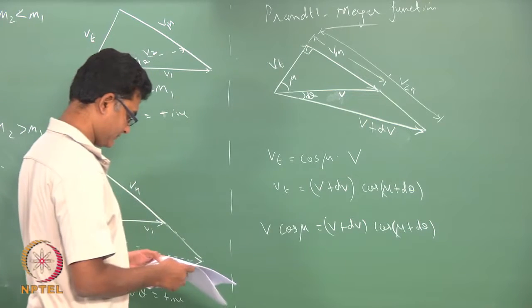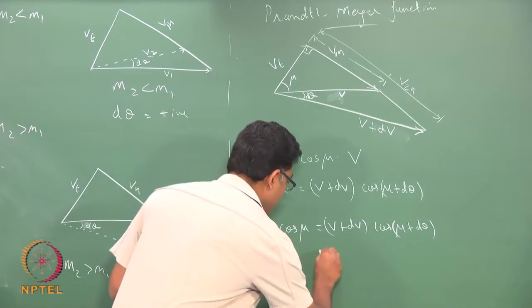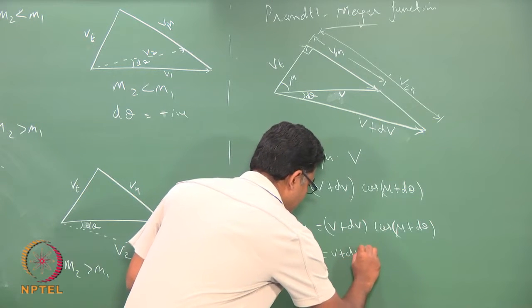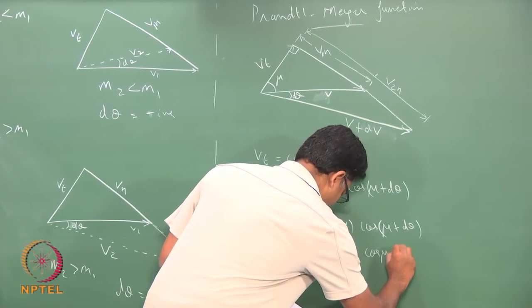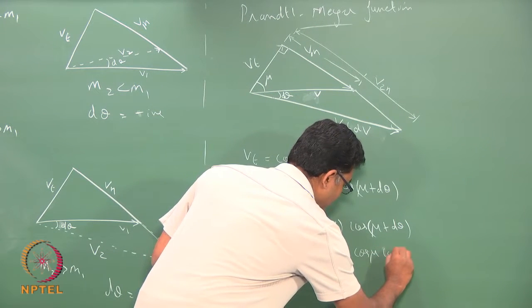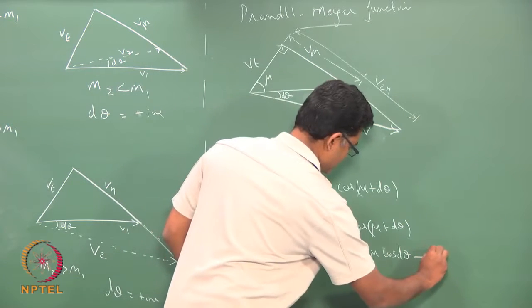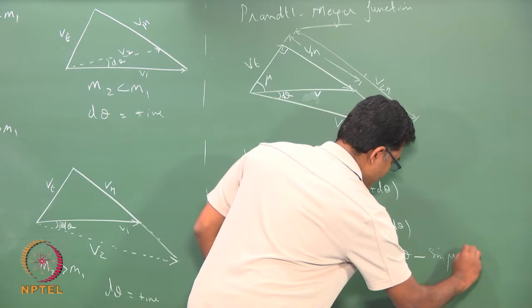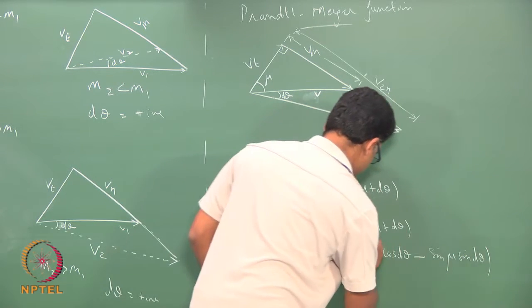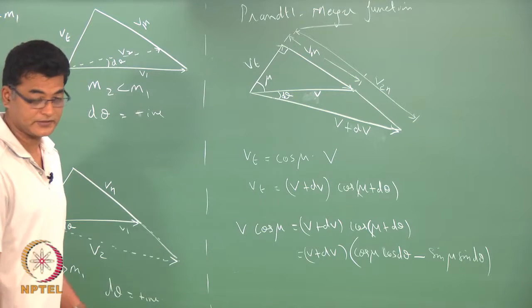Okay, which I expand as the following: cos mu cos d theta minus sin mu sin d theta from our basic trigonometric relation.